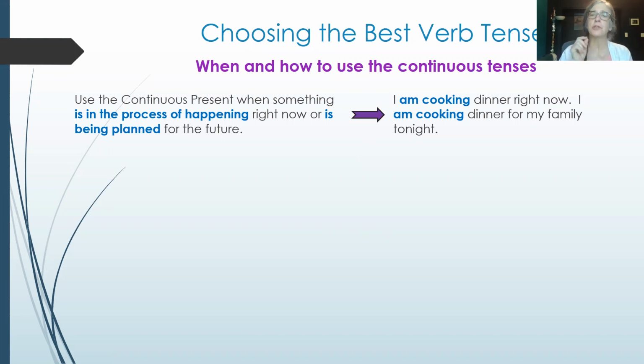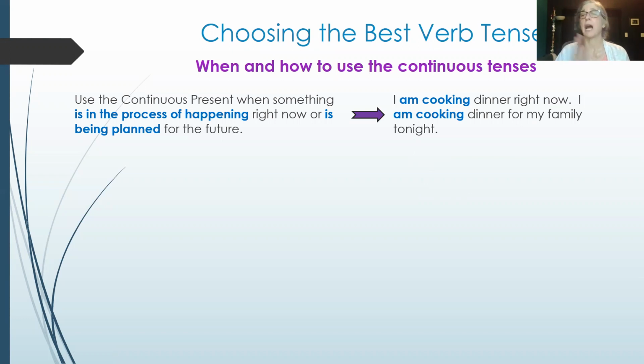But I can also use this continuous present if right at this moment, I am planning to do something in the future. Right? So I am cooking dinner for my family tonight. Now that's not happening at the present moment. That's going to happen in the near future, but at the present moment, I am planning.